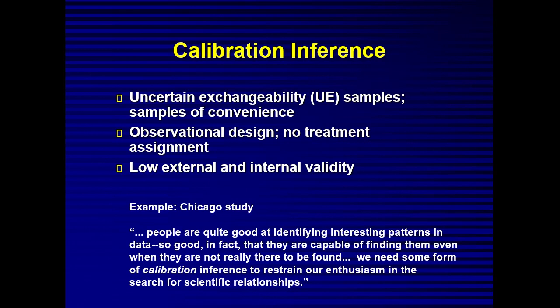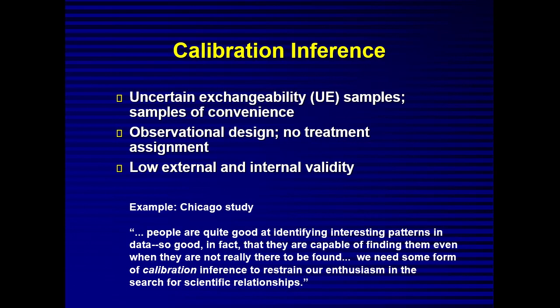Furthermore, with respect to causal inference, there is no assignment to treatment. This would be the case if we're using an observational design in which we have intact groups that we're comparing. For example, if we go into a school and look at classes that are teaching algebra and we compare instructors who are using manipulatives and instructors who are not using manipulatives and measure the algebra achievement of the students in those classrooms, but those instructors were already doing that before we ever got into the school.